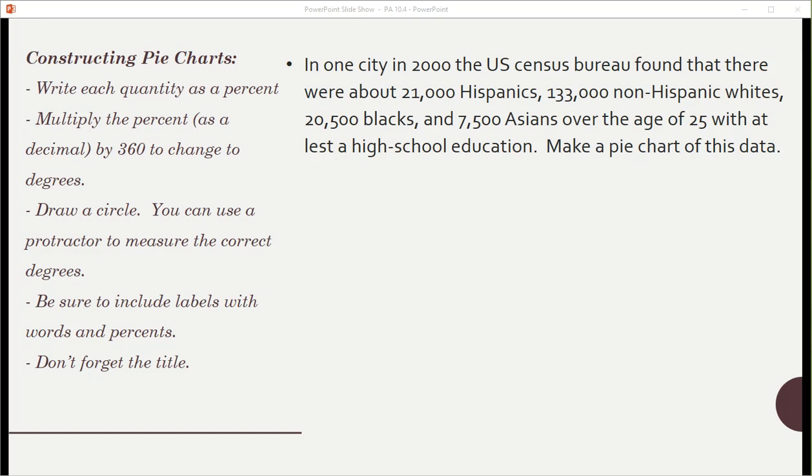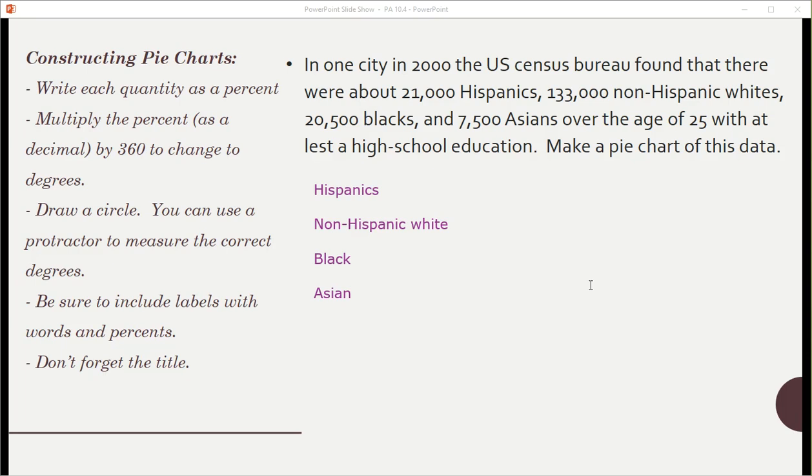So first thing I want to do is to make sure that I write each quantity as a percent. So for the first one, the different quantities that I have: Hispanics, non-Hispanic white, black, and Asian.